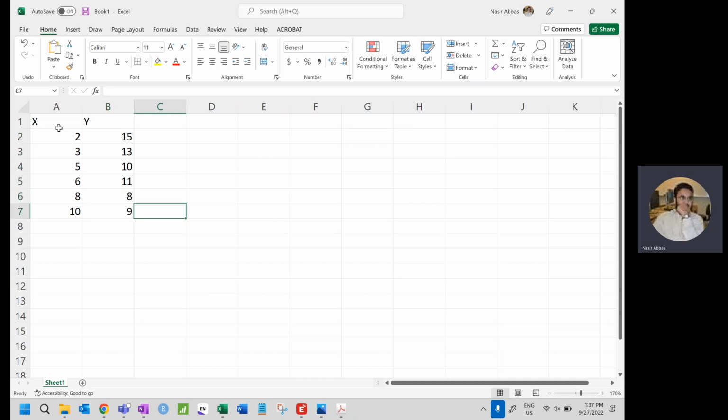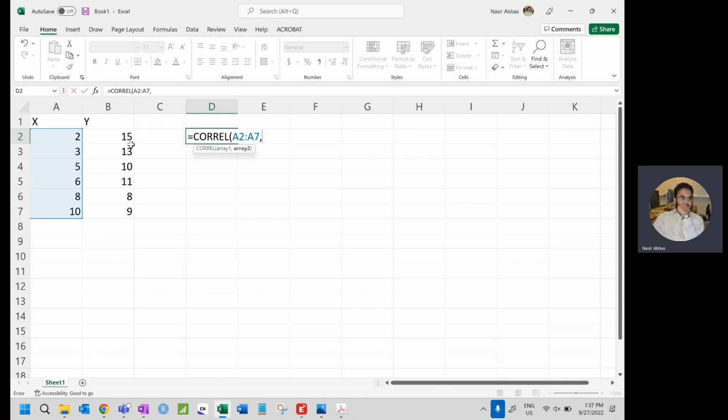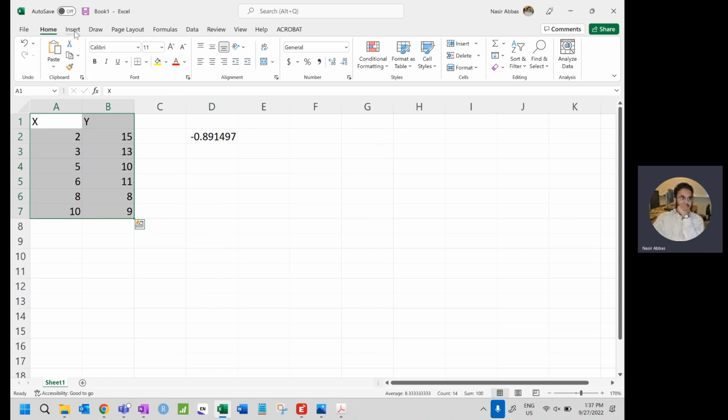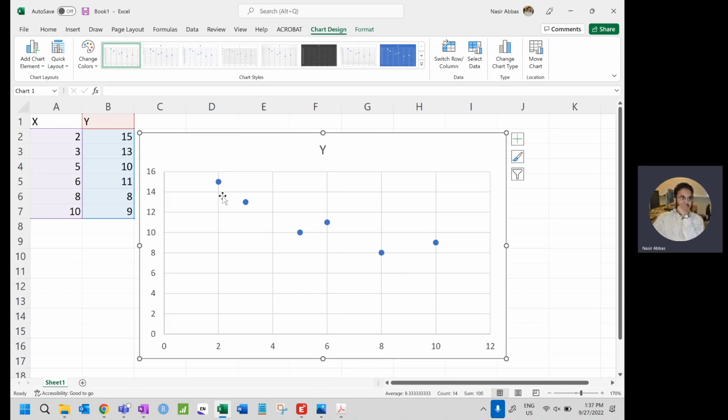For this, I find the correlation. The command is CORREL. Here I have to give X's, comma, Y's. And the correlation is minus 0.89, right? A negative linear association between X and Y. This can be easily confirmed by the scatter plot. If I make a scatter plot, you will be able to see it.